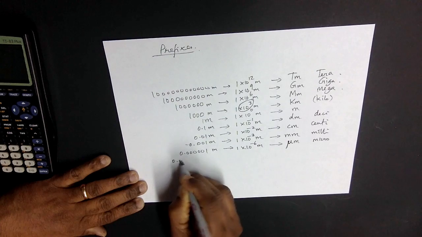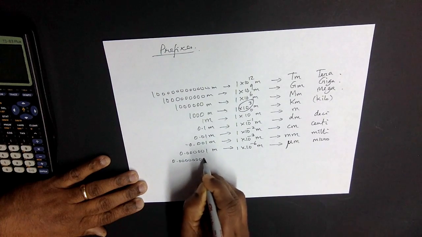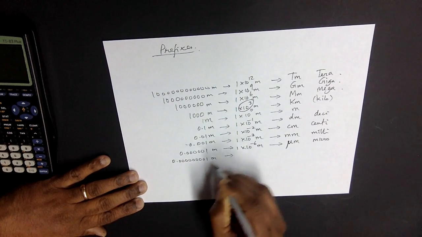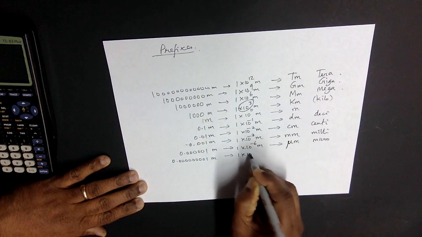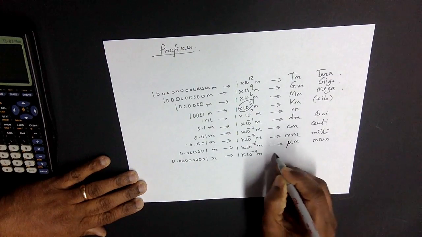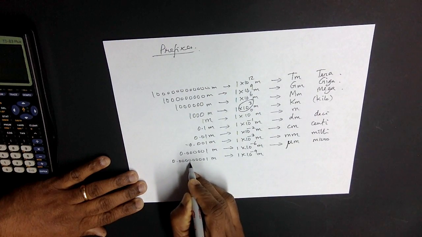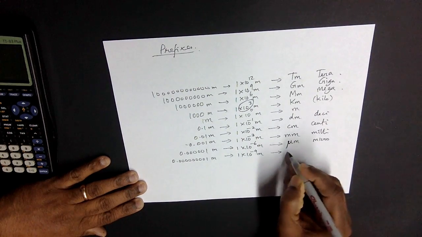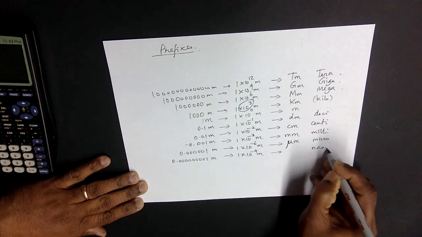Then again, 1 times 10 to the power of negative 9 meters is a nanometer.